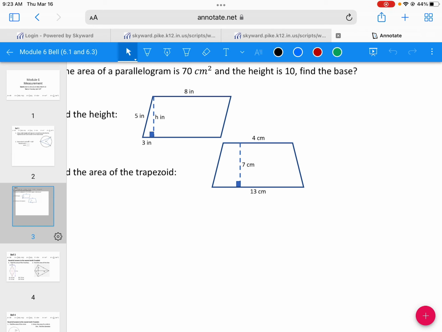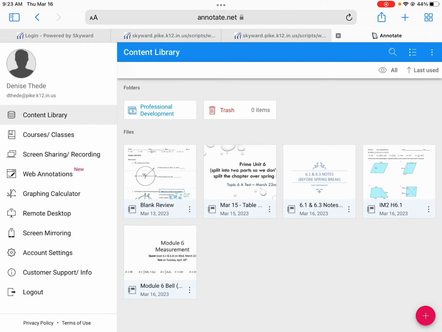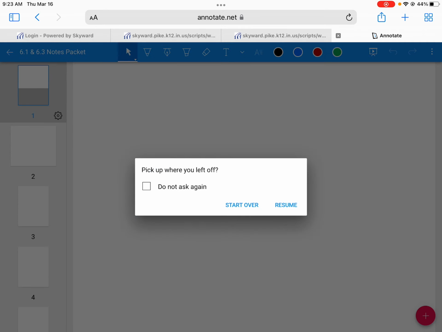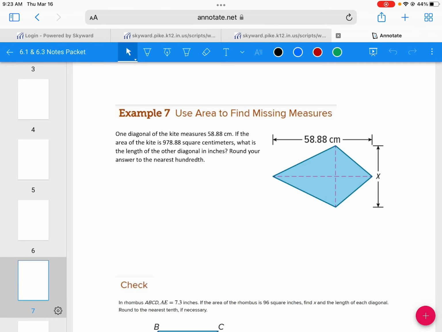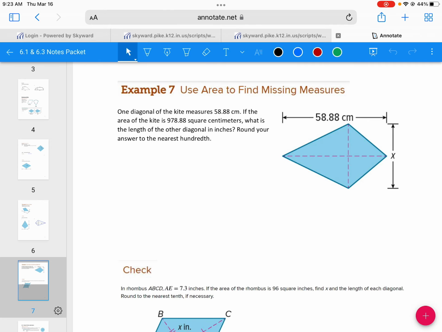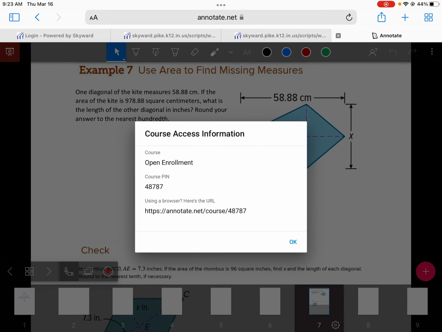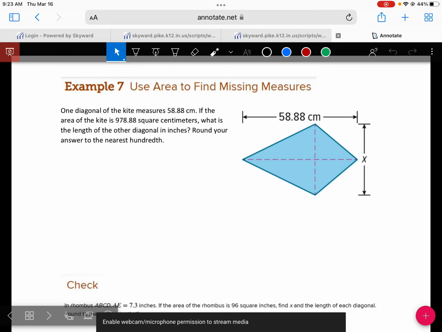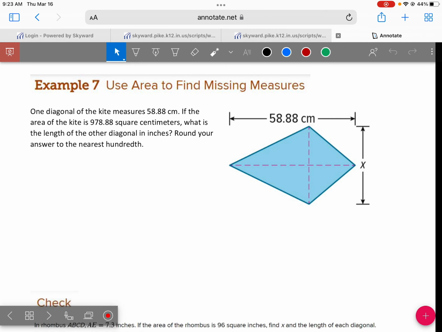But we need to substitute the values that we do know and then find whatever is missing, the missing information. Okay, so let me bring this up. We're on example 7, correct? Let's see.